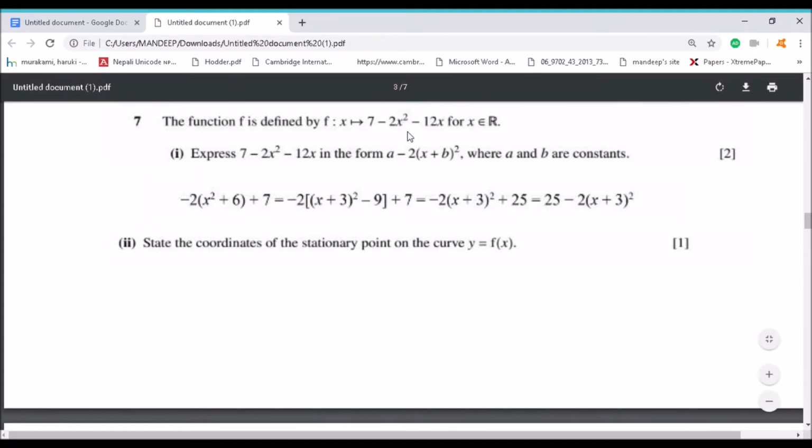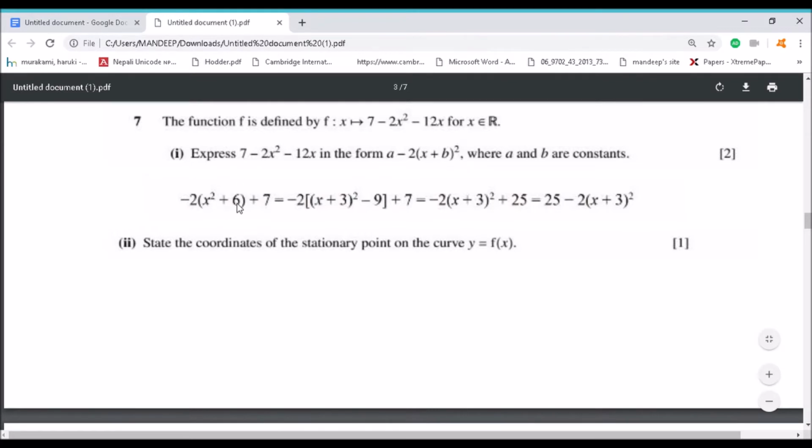So we take minus 2 common from this part, so it will be minus 2(x squared plus 6x) plus 7. Sorry, this is a mistake, this would be 6x.